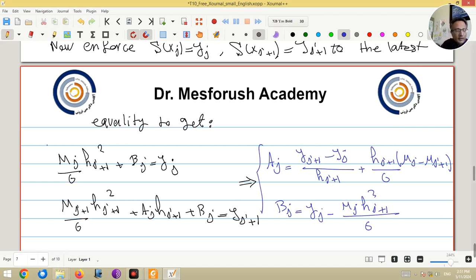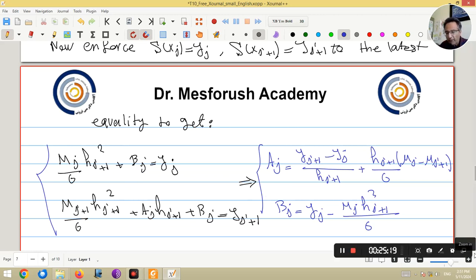If you solve this system for aj and bj, you can find these two equations, right?